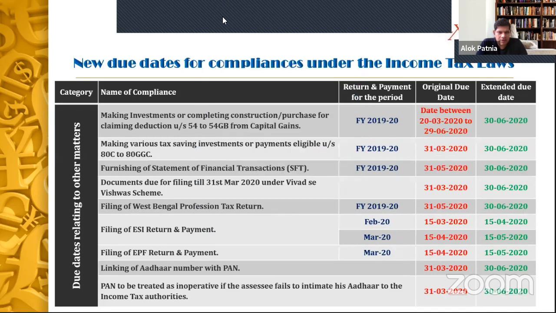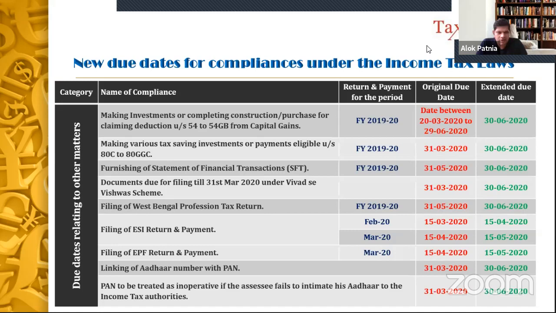Now earlier the due date was 31st of March, but this has been extended to 30th June, and to my mind this will be extended further because of this lockdown, because assessees have not been given the opportunity to explore the scheme yet. Yes, sir. Correct.